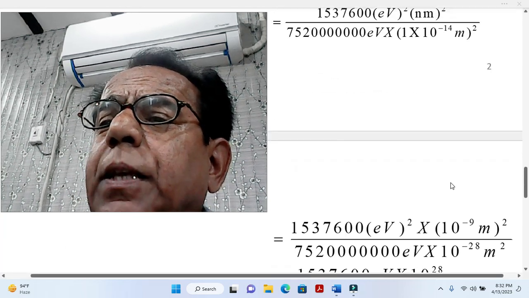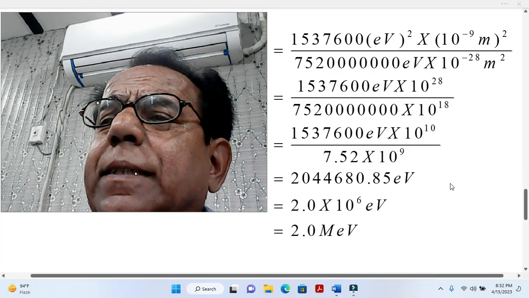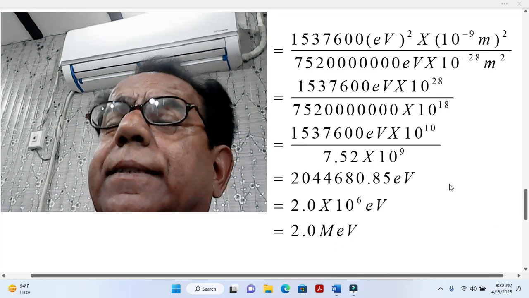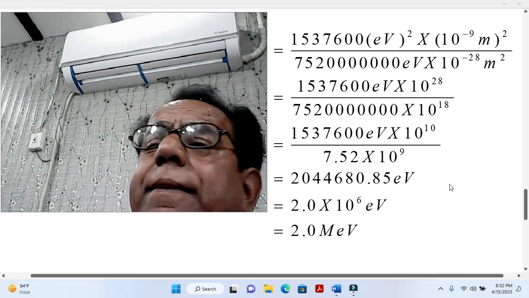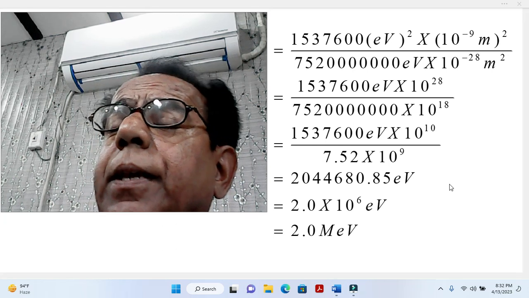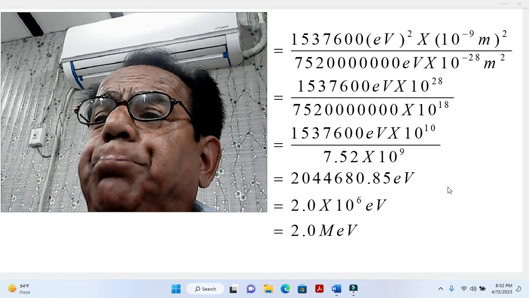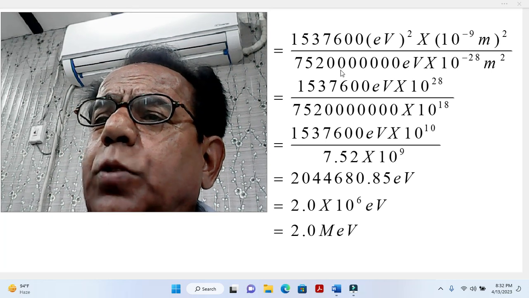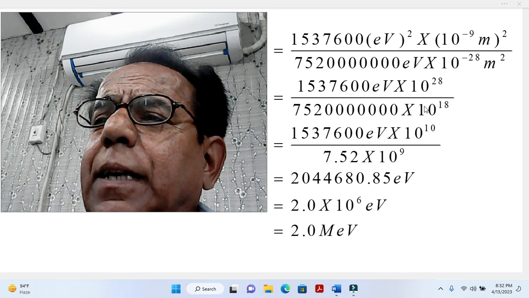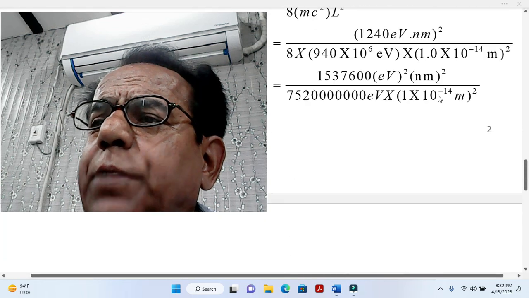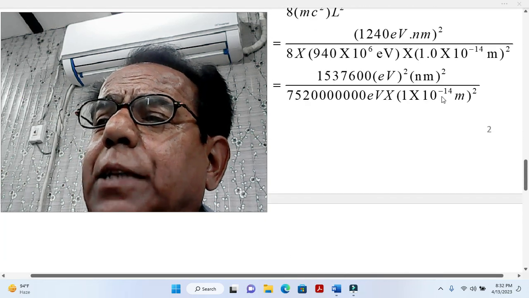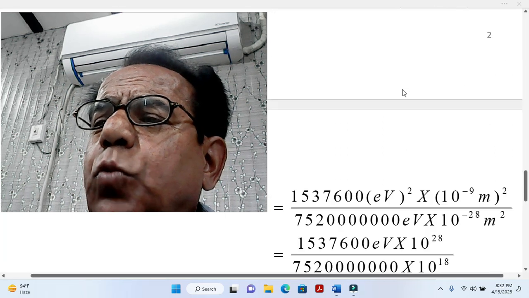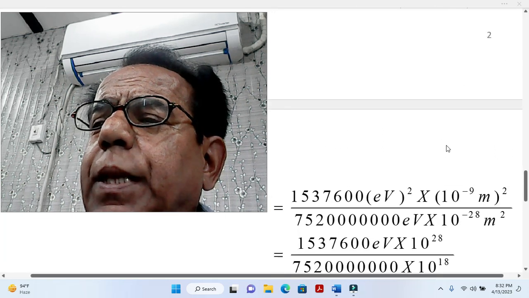Then just simplification, nothing else. Electron volt (10^-9 meter)² divided by this figure, which when squared becomes 10^-28.